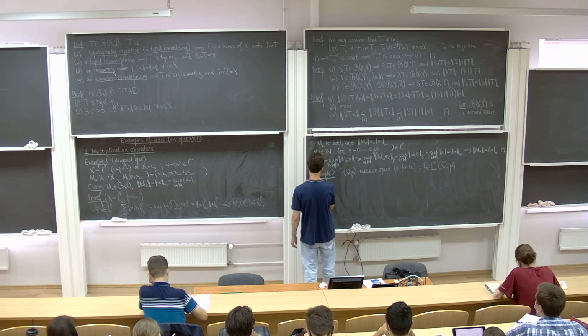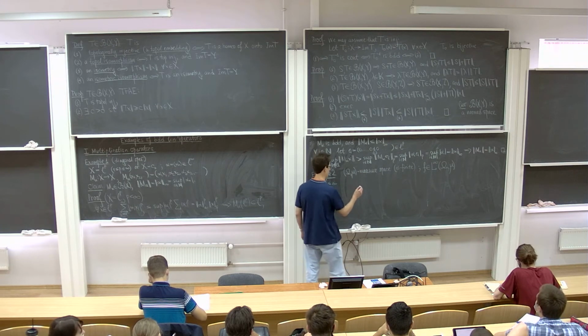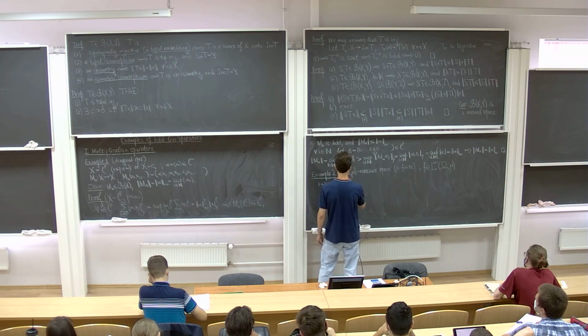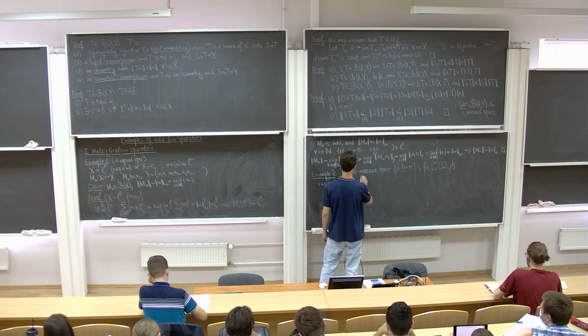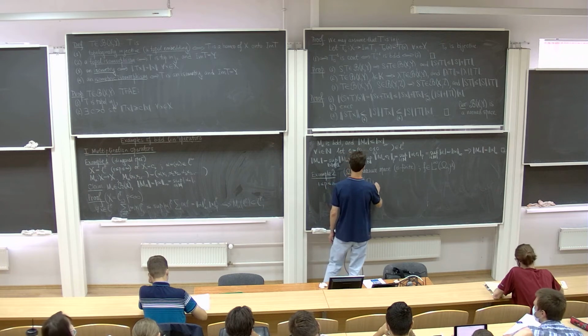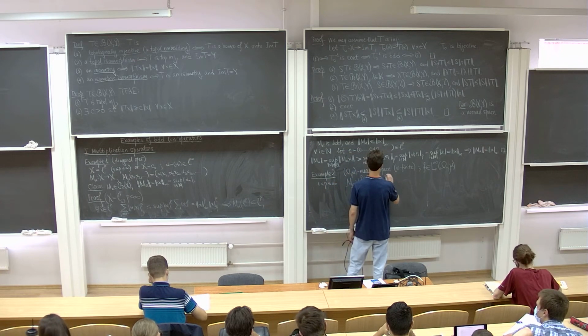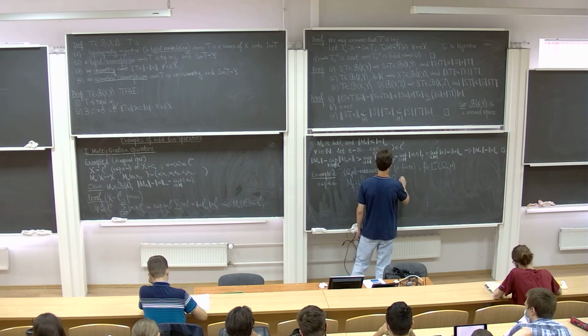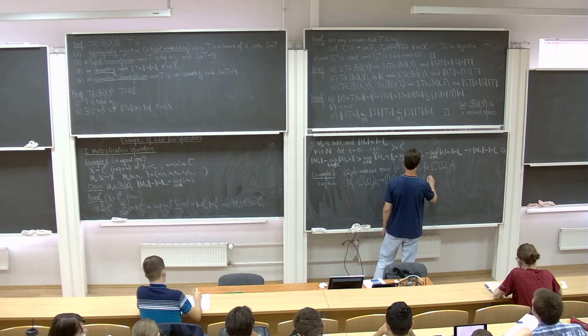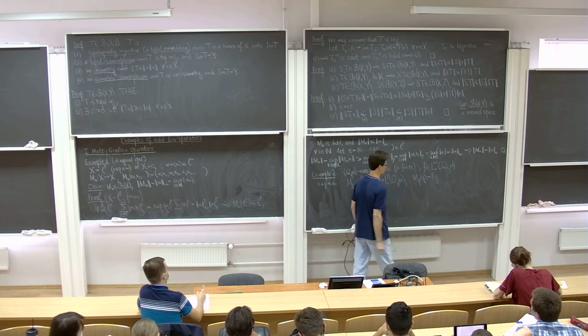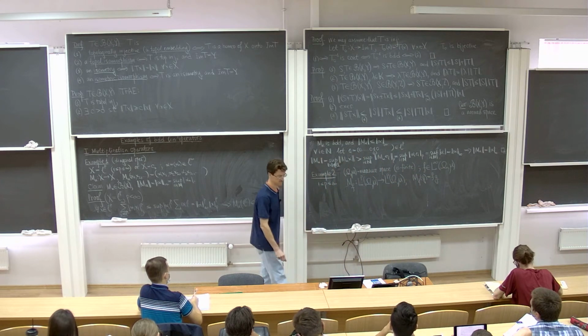We take an arbitrary p between 1 and infinity, and we define a linear operator M_f on the big L^p space, which acts by the following simple formula. M_f of g is just the pointwise product of f and g.